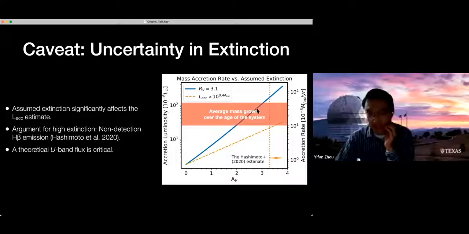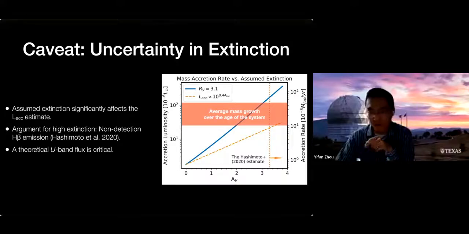That is on the same order or even higher than the average mass growth for the planet derived by the mass divided by the age of the system. So this is quite a significant source of uncertainty. I think we need a theoretical measurement for how bright the planet is supposed to be in the U band, so that we can use our U band detection to put a tight constraint on the amount of extinction for the planet.